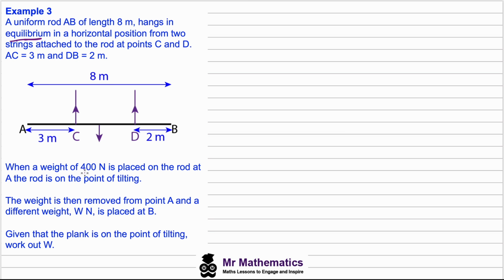And when a weight of 400 newtons is placed on the rod at A, the rod is on the point of tilting. And then the weight is removed from point A and a different weight, W newtons, is placed at B. So that is taken off here and a different weight is placed on here. Given the plank is on the point of tilting, work out W.